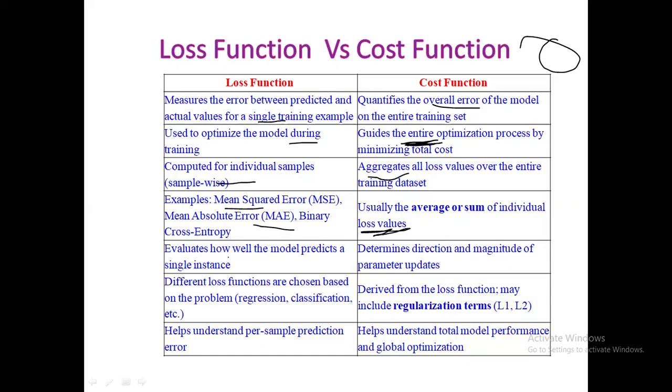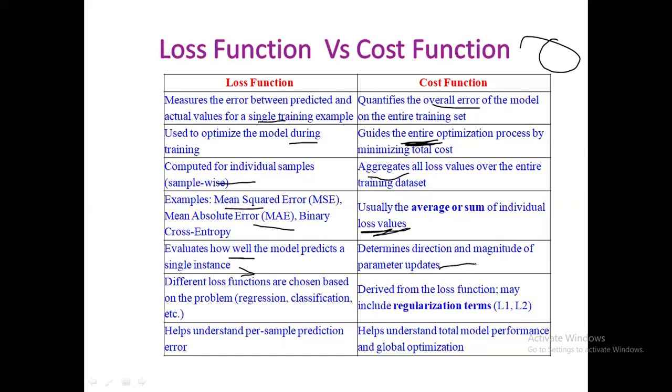Next, if you are considering the model performance versus the parameter update, the loss function is mainly used to evaluate how well the model predicts on a per-sample basis. It shows the exact deviation for each example.